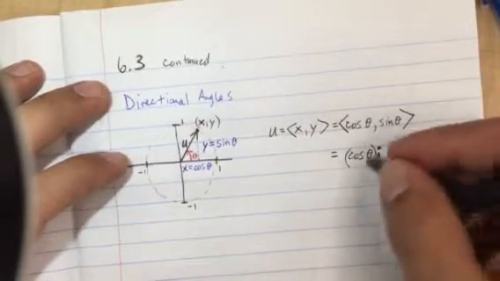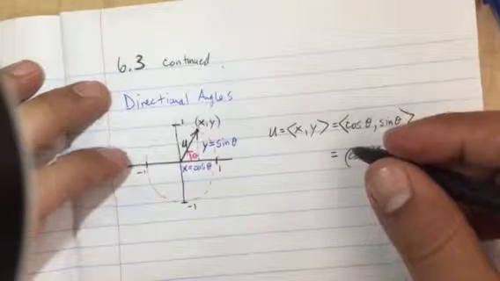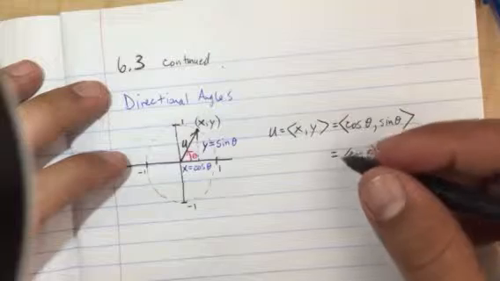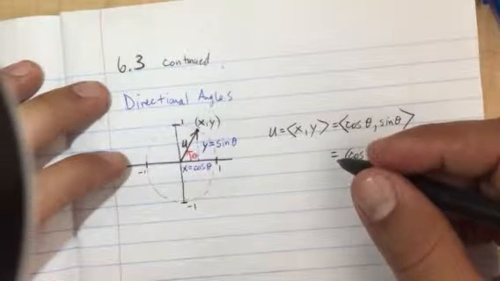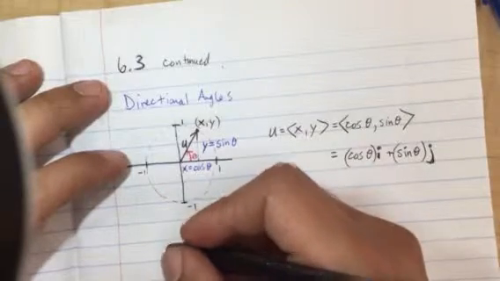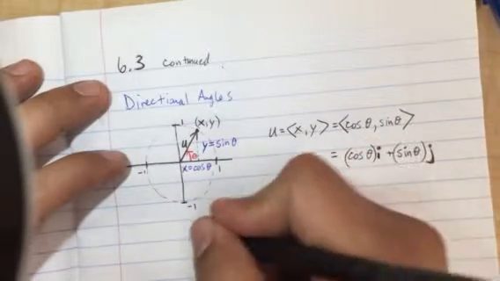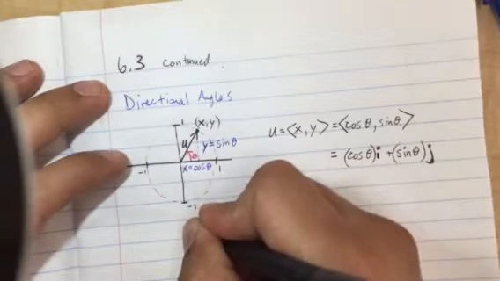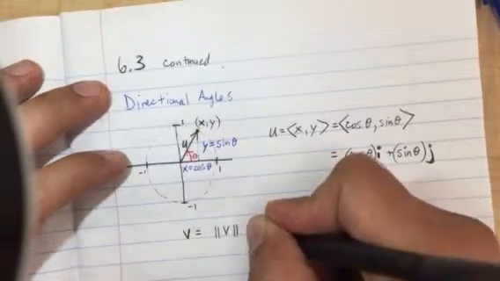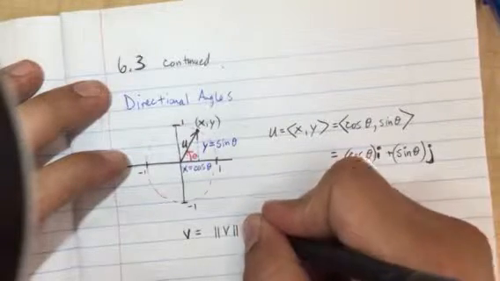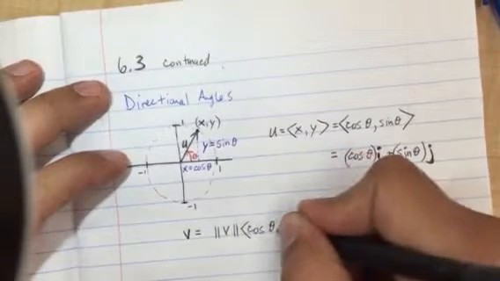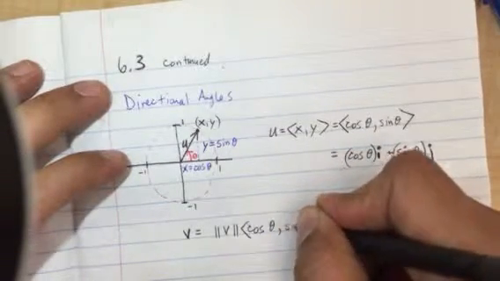So whenever we want to find the direction of a vector, we're going to use the direction angle of this vector. We're going to be using some vector v. That one we're going to be able to find with the magnitude of v, cosine of theta, sine of theta.